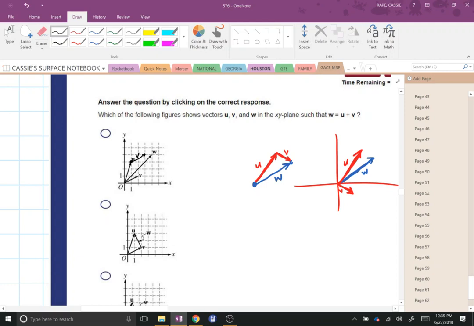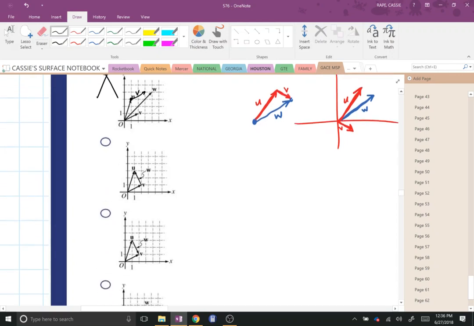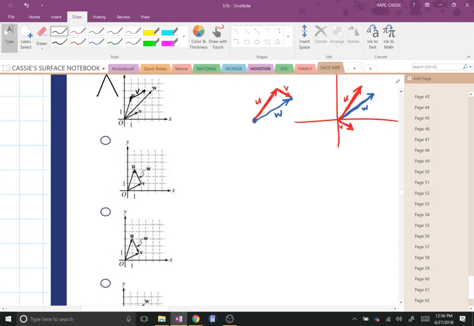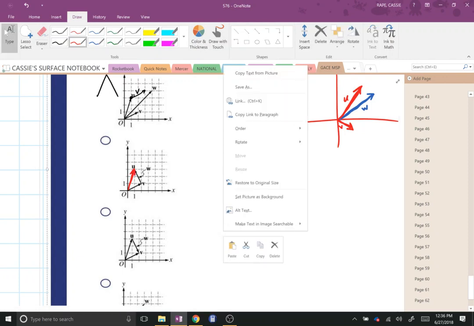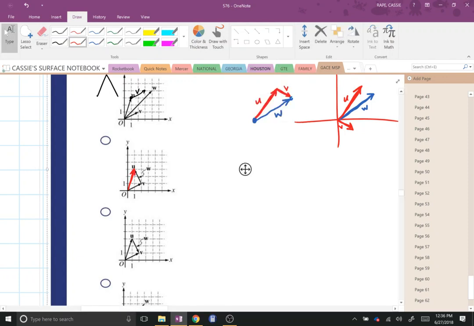And you can see that in translating u plus v, w does not end where v ends. So A is not your answer. Looking at the second one, if you've got u right here, and let me do it in a color here, there's u. Okay, v, if I translate v, and this v is still up 1 over 2, v would be right here.